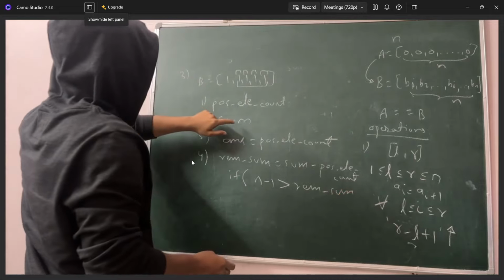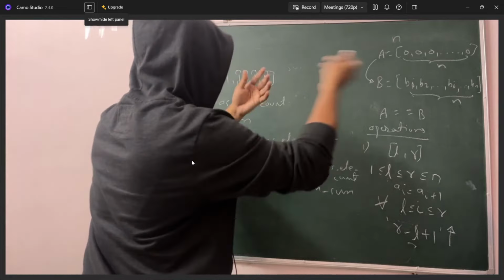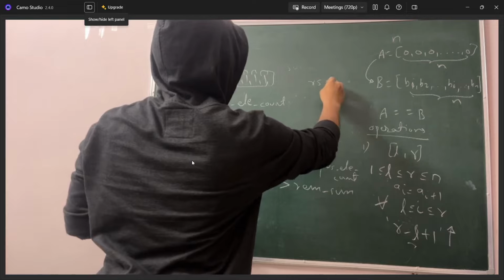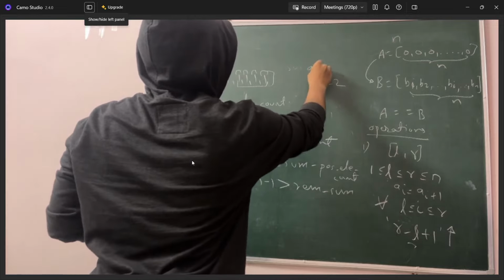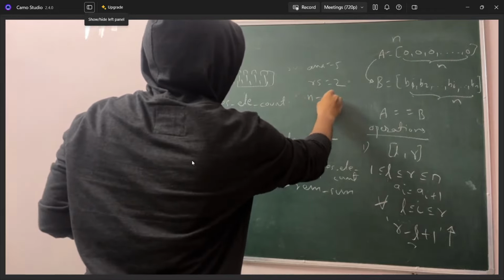In the third example we had remaining sum as 0. It may be the case that the remaining sum is, let's say, 2, and you had answer as 5 initially, and you had n minus 1 as 4 operations.